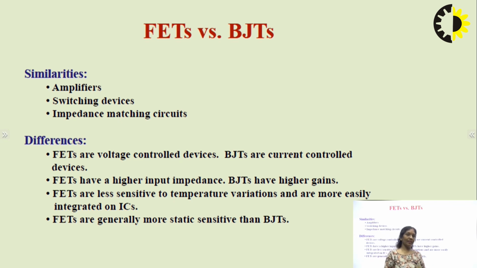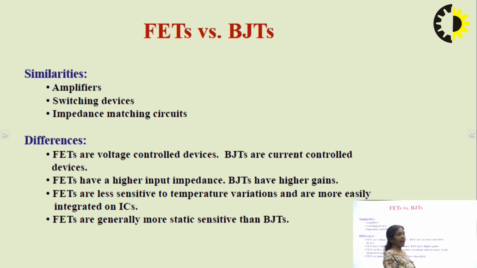That is the reason it is called a current control device. Whereas in case of field effect transistor, the output current is controlled by input voltage, so it is a voltage control device. By varying the input voltage, we can control the output current.